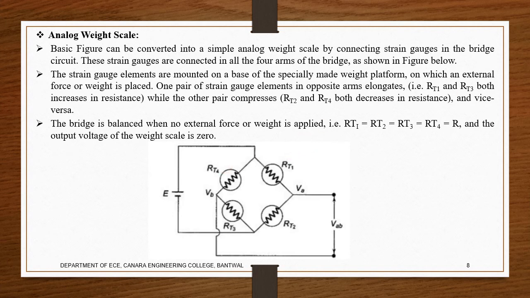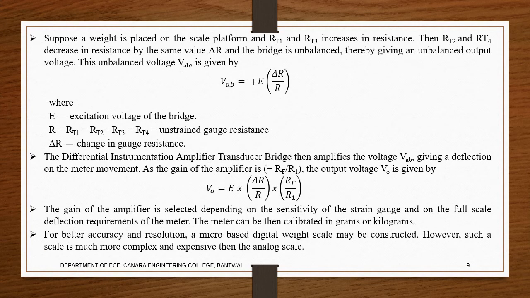Suppose a weight has been applied on the scale platform and RT1 and RT3 increase in resistance, then RT2 and RT4 decrease in resistance by the same value of delta R, and the bridge is unbalanced.